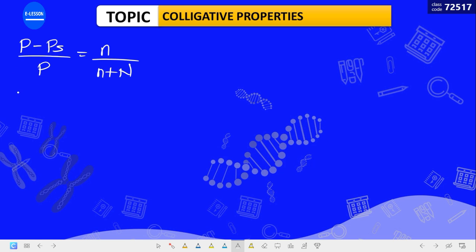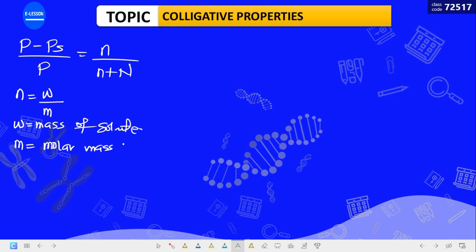Now, our n is the mass of solute all over the molar mass, where small w is the mass of solute and small m is the molar mass of solute.